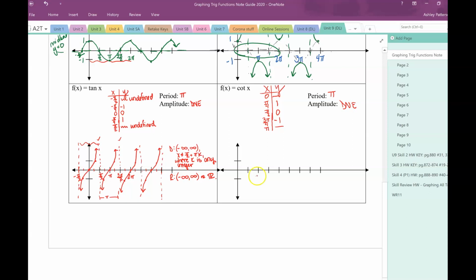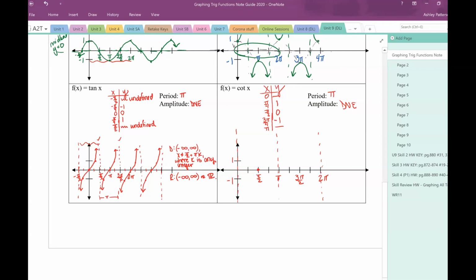So I'm going to go 0, pi over 2, pi, 3 pi over 2, and 2 pi, so that we can see there's going to be an asymptote at 0 and a vertical asymptote at pi. Cotangent of pi over 2 is 0.